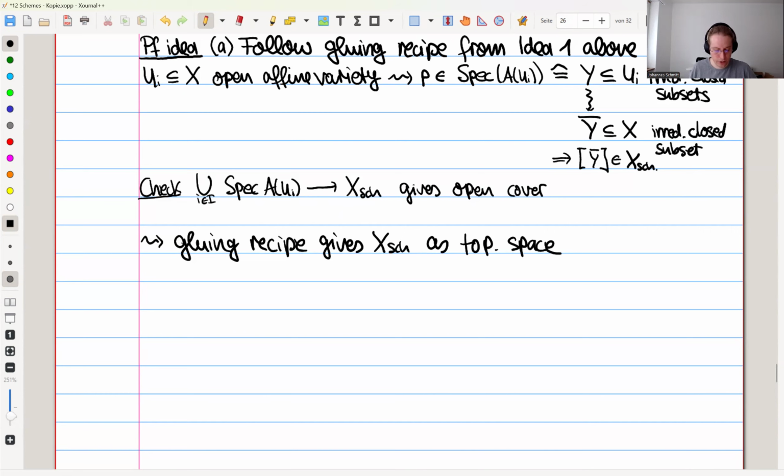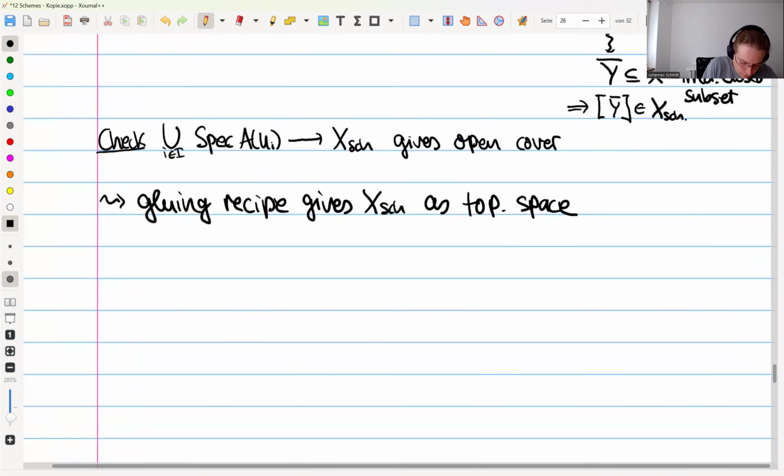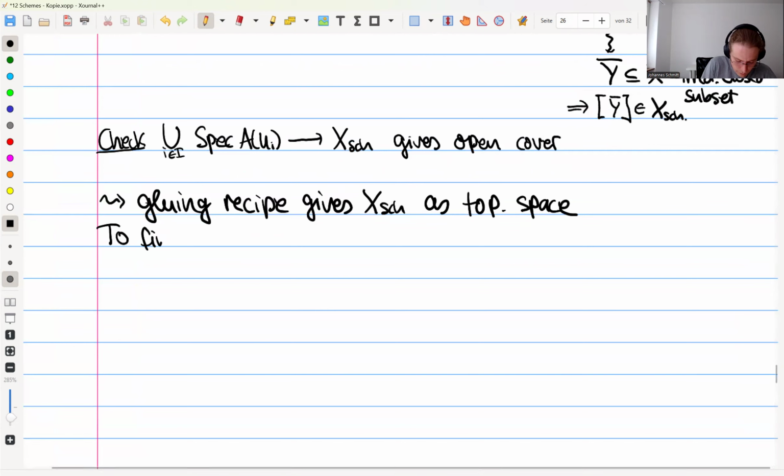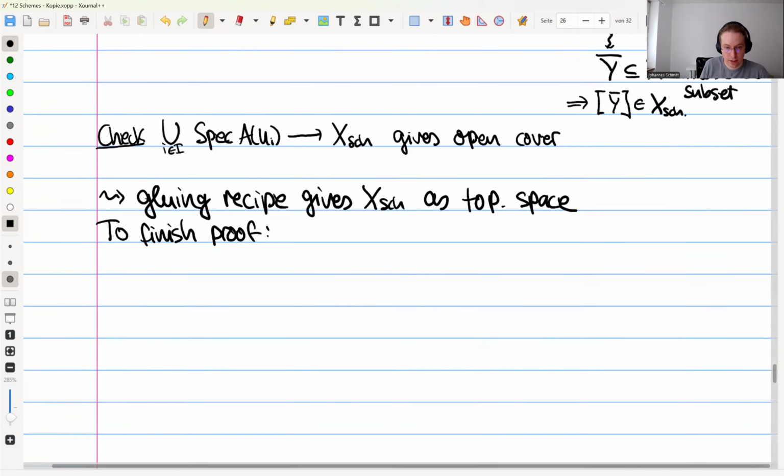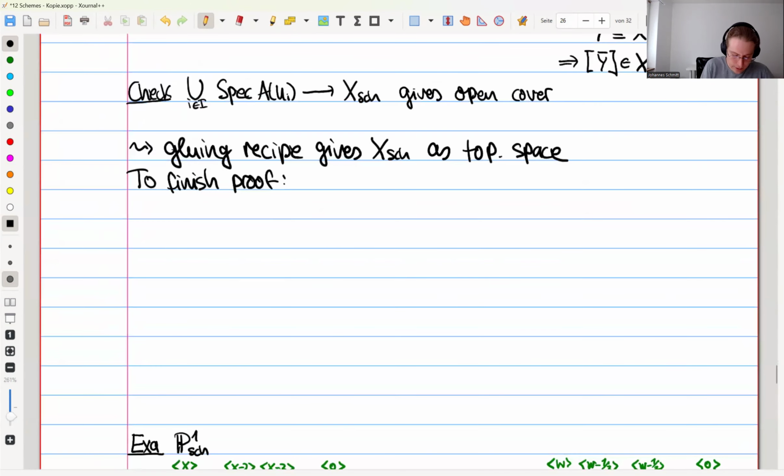So somehow what you need to finish the proof is to compare these rings. So what you then check is that OX of U is isomorphic to O X scheme of this curly U. And to do that, you first check it on these affine varieties.